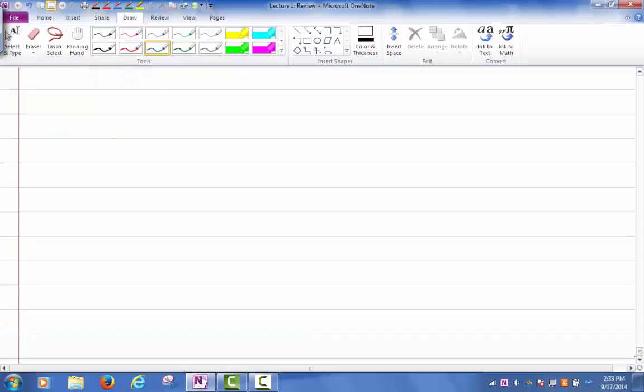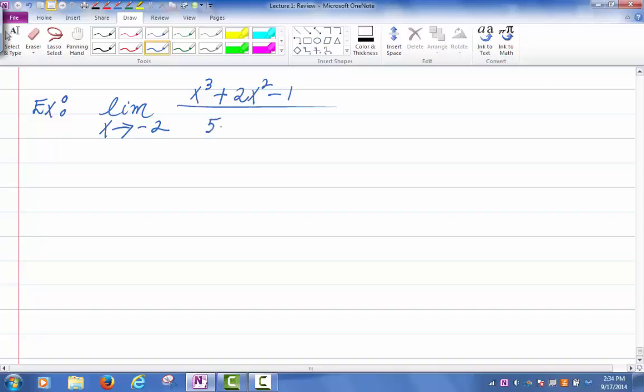How about rational functions? So here's an example. Let's say you now want to take the limit of a rational function as x goes to negative 2. Let's say what I have is x cubed plus 2x squared minus 1 divided by 5 minus 3x. I have a ratio of functions, right?